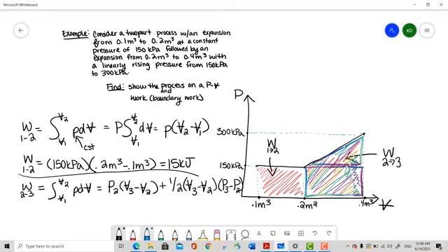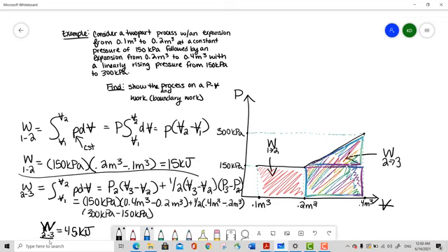Okay, and so then when you fill this in, 50 kilopascals, 0.4 meters cubed minus 0.2 meters cubed, plus 1/2, 0.4 meters cubed minus 0.2 meters cubed. We have work from 1 to 2 and we have work 2 to 3.